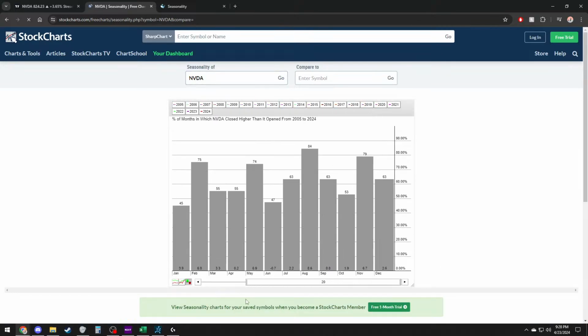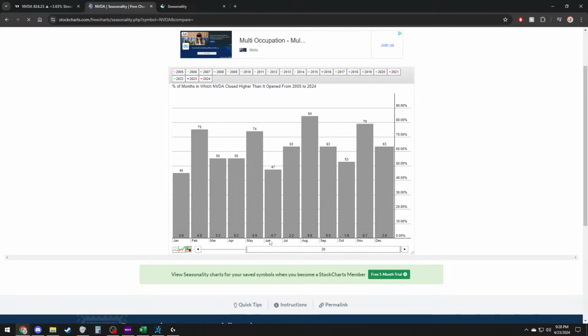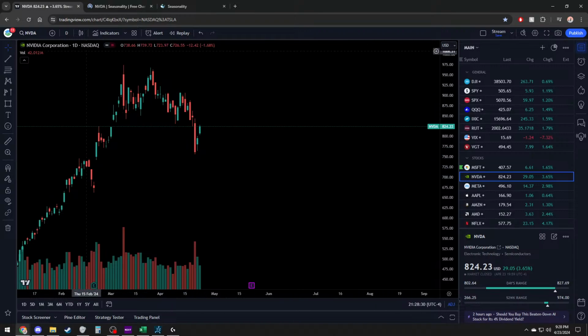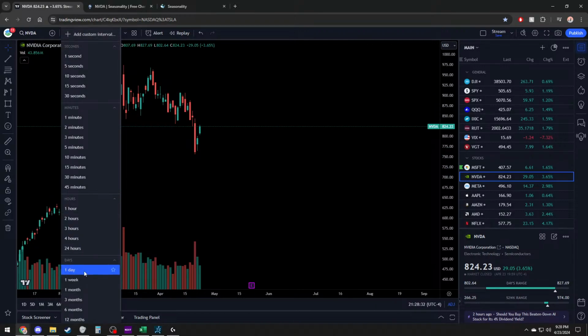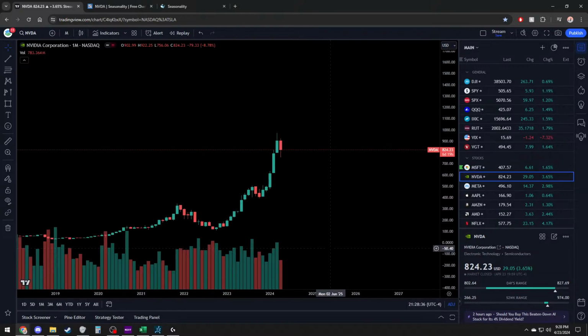But yeah, as far as the seasonality goes for NVIDIA, it's pretty good. It goes up 74% of the time in the past 20 years. And also keep in mind, what did NVIDIA do in May of 2023? Does anyone have any memory on that? Because that's when NVIDIA, pretty much this time last year, skyrocketed, right? So let me put this back to logarithmic.